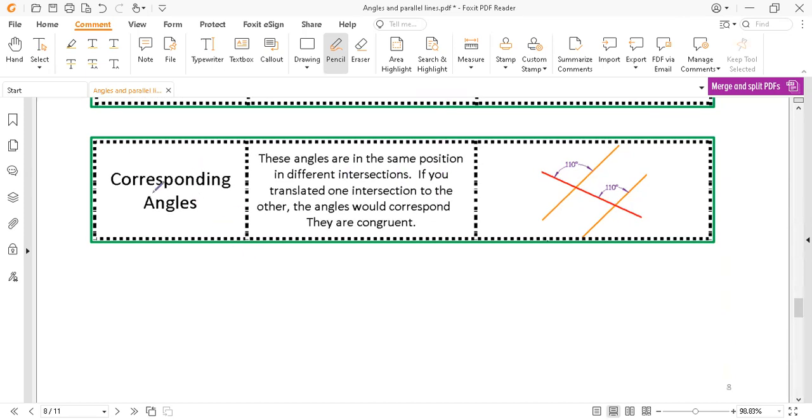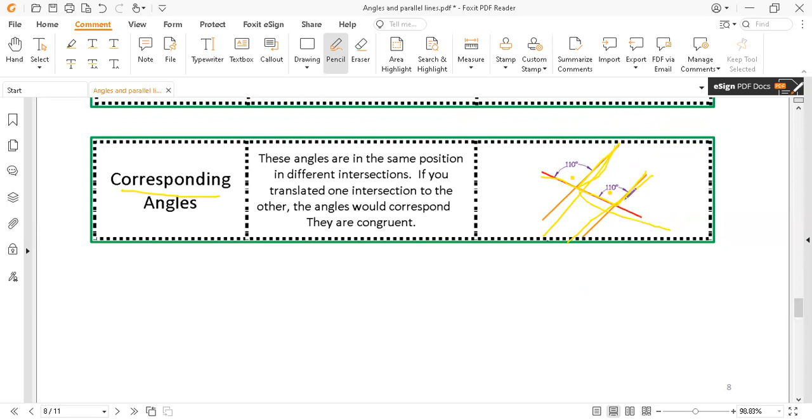What about corresponding angles? Also we have two parallel lines. If we can form the shape of the letter F, oriented to the right, this one and this one are equal.